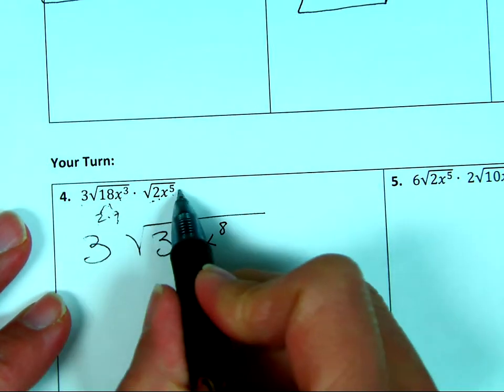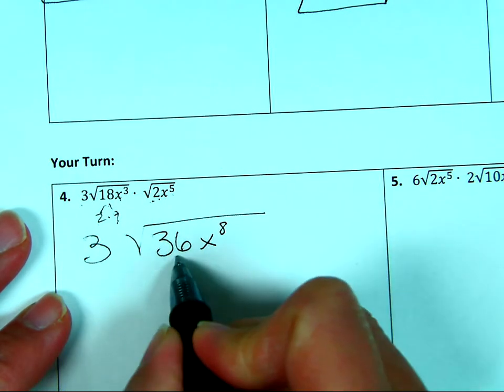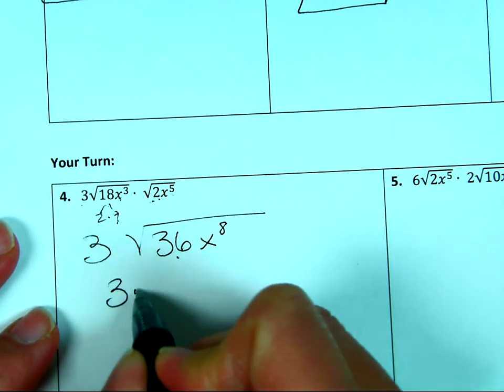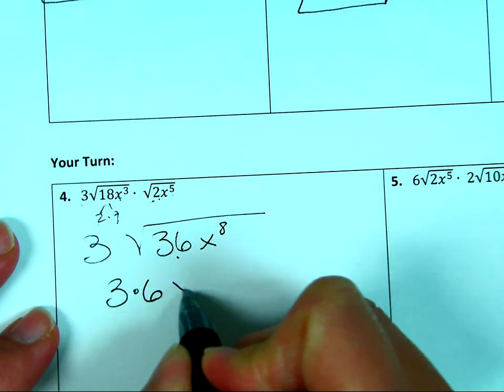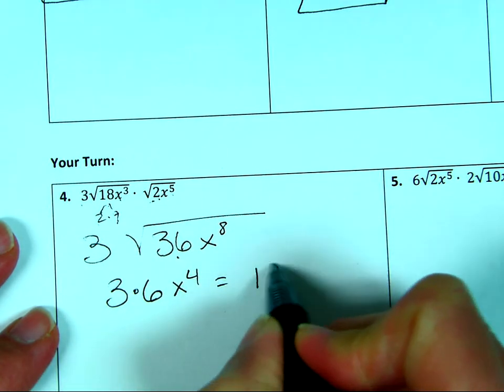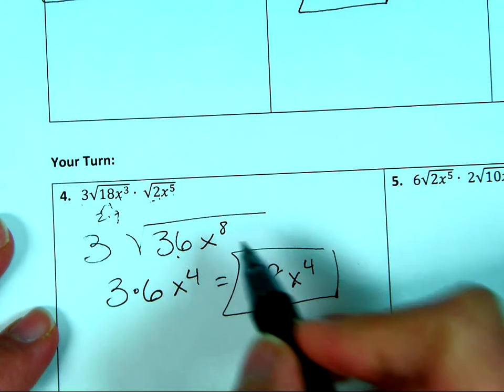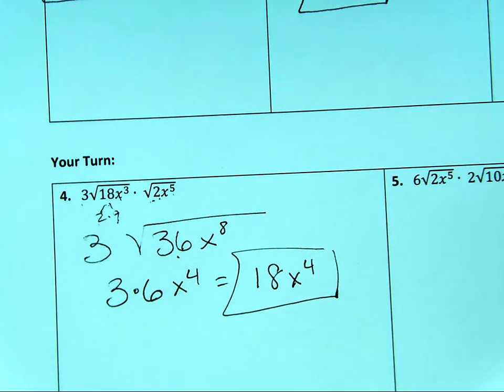Because remember, you add the exponents when you're multiplying. And now I can simplify this. And this whole thing will simplify because the square root of 36 is 6, and the square root of x to the 8th is x to the 4th. So I end up with 18 x to the 4th, no square root, because everything was a perfect square.